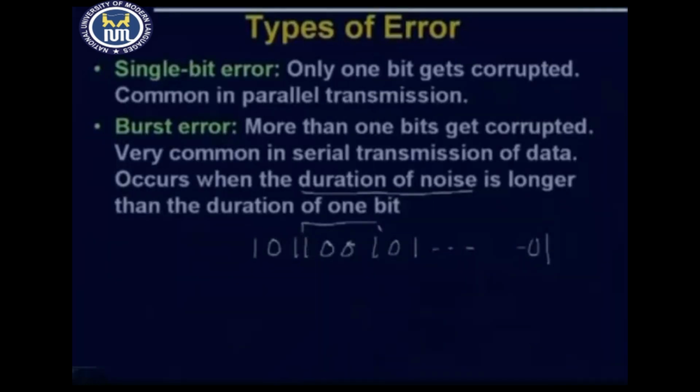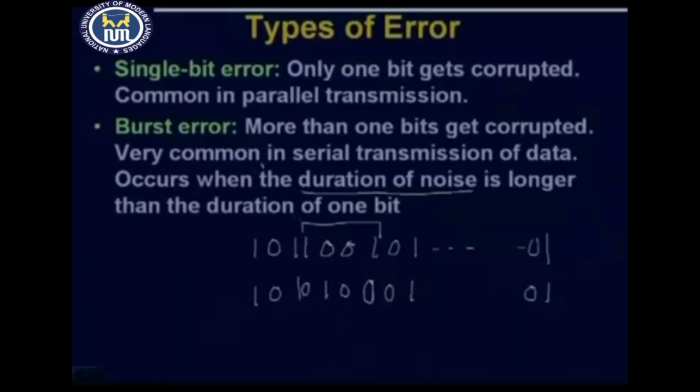Let's suppose this is the duration of noise, covering at least 4 bits. So there is a possibility that some of these bits may change during the transmission. So out of these 4 bits, 3 bits have got corrupted, leading to a faulty signal at the other end.